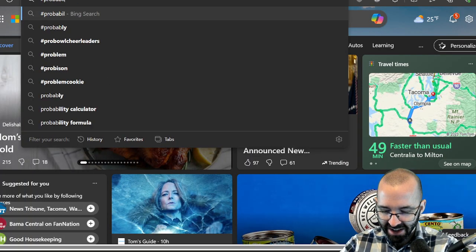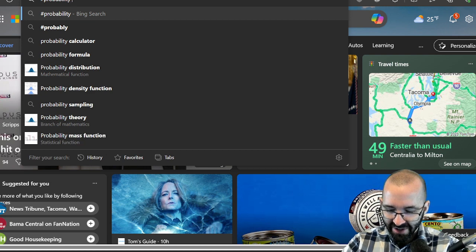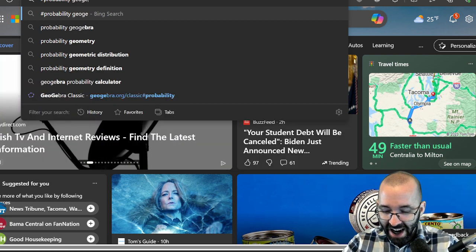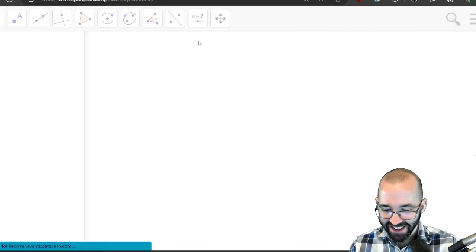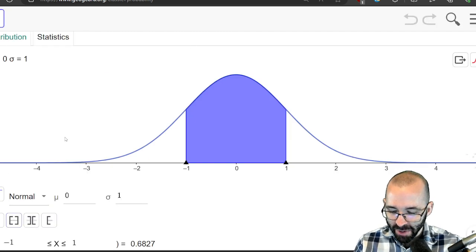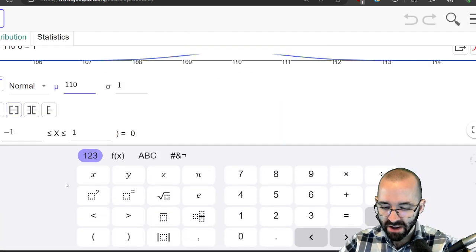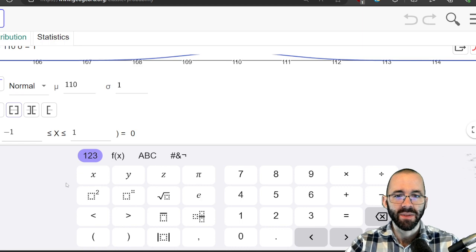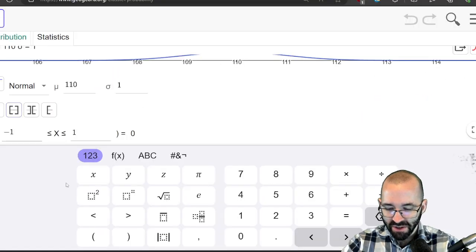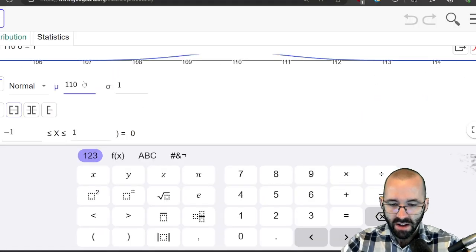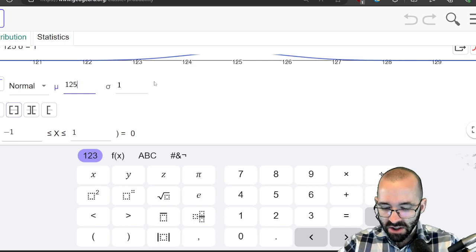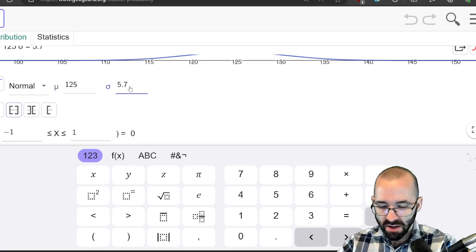Let's see. Oh dear. Hey, there it is. Great. And we look at normal distributions. We say the mean was 100. It wasn't 110, was it? 125. And the standard deviation was about 5.7.